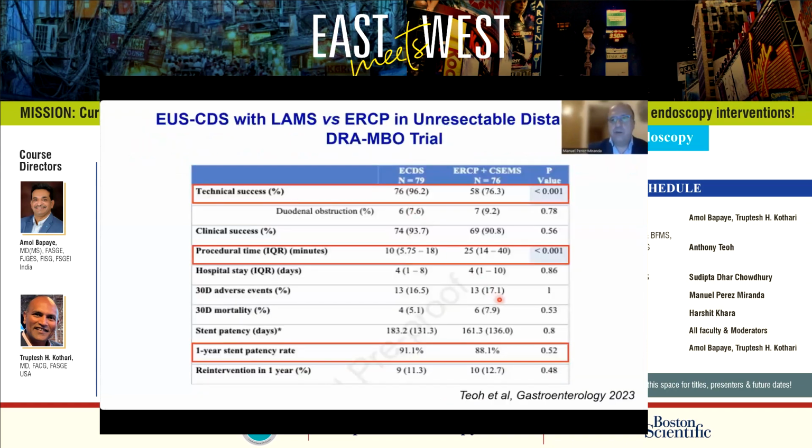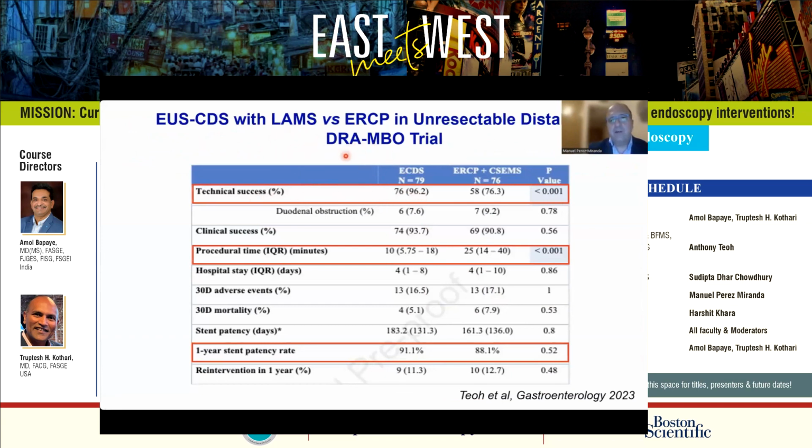So indeed, two trials analyze the outcomes of primary EUS choledochoduodenostomy, that is, not after failed ERCP, as a primary drainage option versus ERCP.